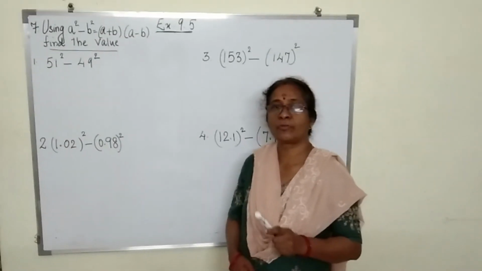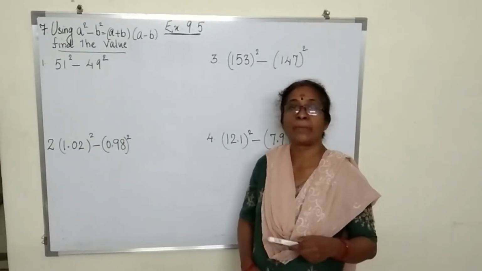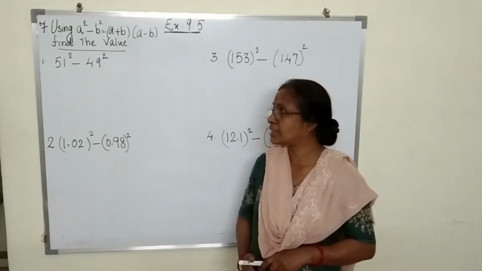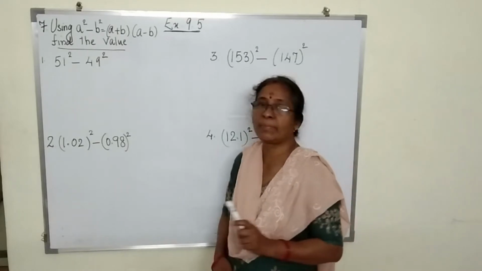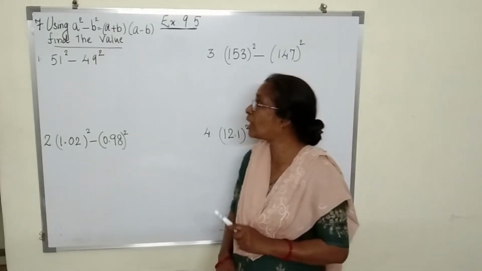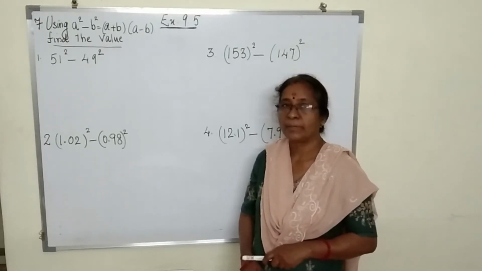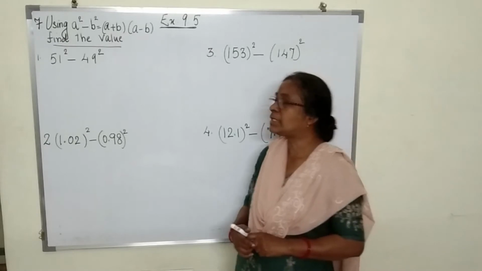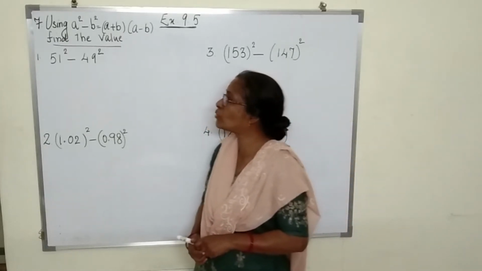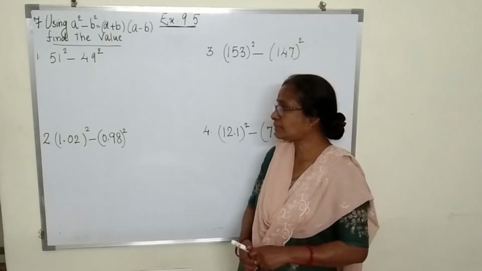Till now we saw the first identity, the second identity, and yesterday a mixture of all three identities. Today it is an application of a square minus b square, which is equal to a plus b into a minus b. Now the first question is 51 square minus 49 square.